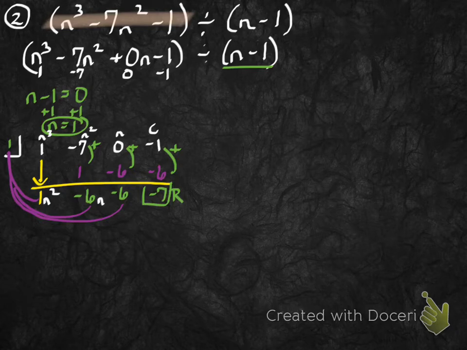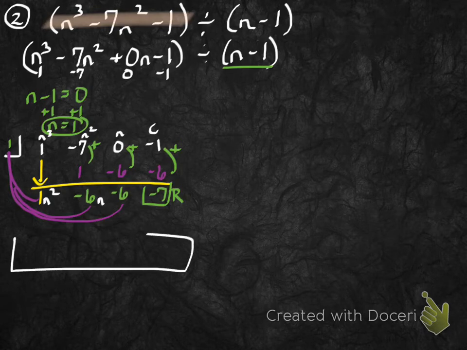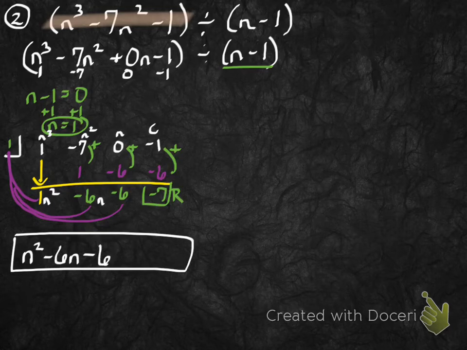And so my answer is n squared minus 6n minus 6. The remainder is negative, so I'm going to put a minus sign. 7 over, this time my factor I divided by was n minus 1. That problem is done.